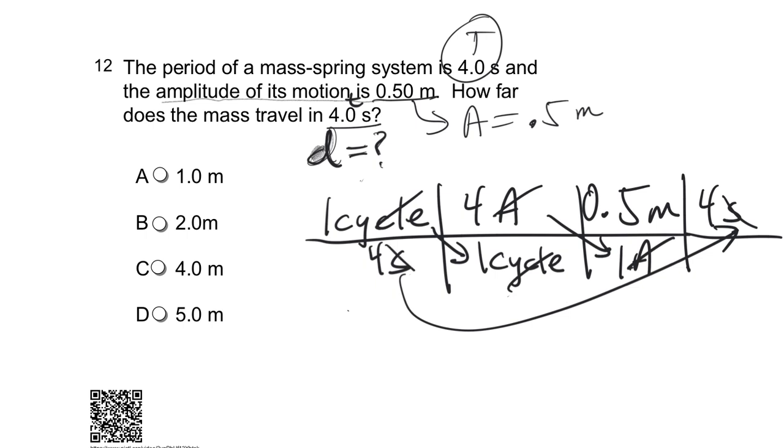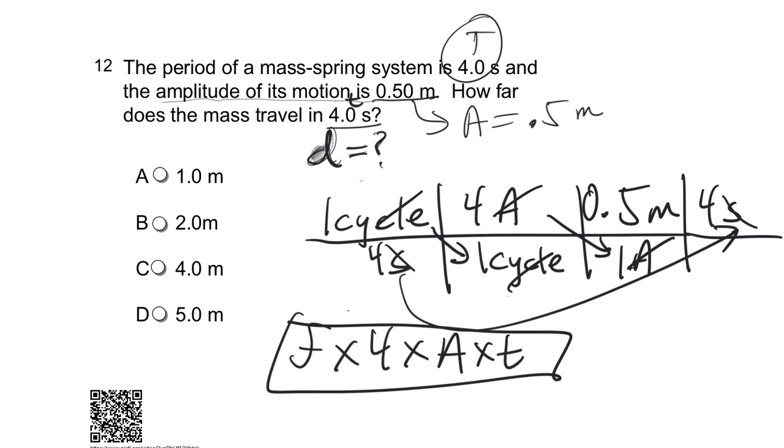So basically, I'm doing the frequency times 4, because that's always going to be 4 amplitudes per cycle, times the actual length of the amplitude, times the time. So that should guide you in your dimensional analysis. That would be the distance that the object traveled going back and forth.